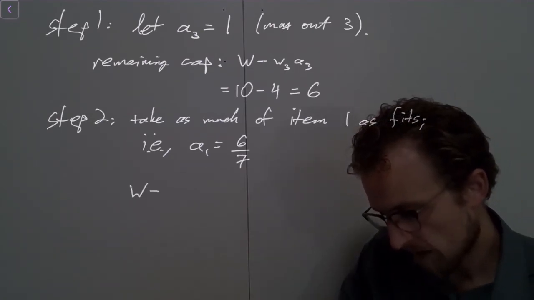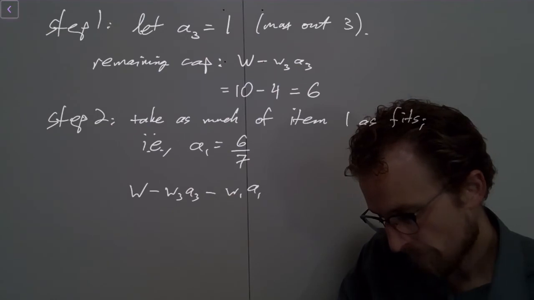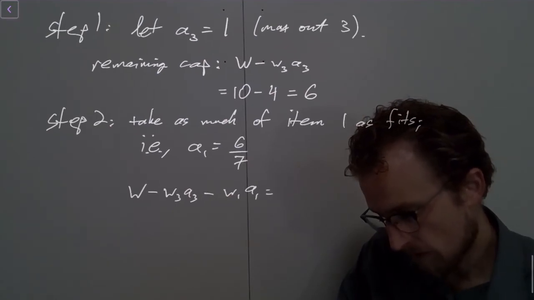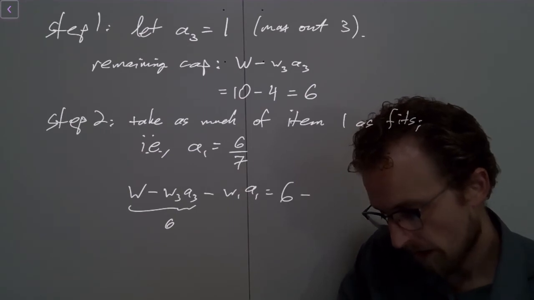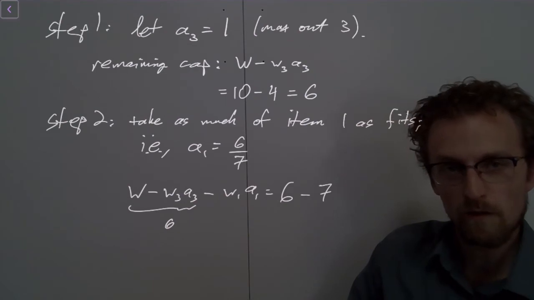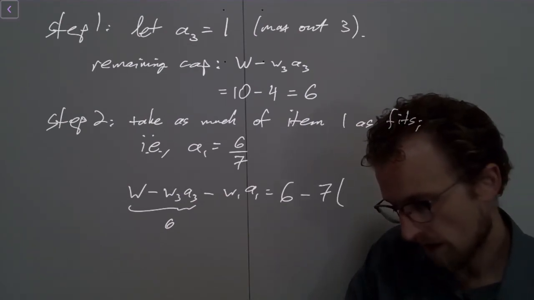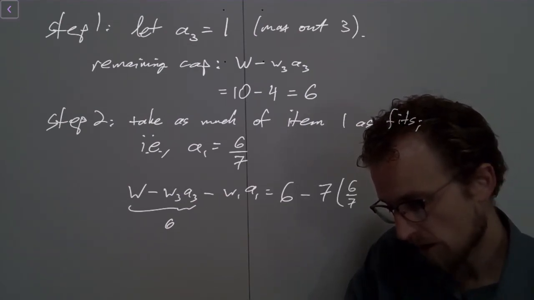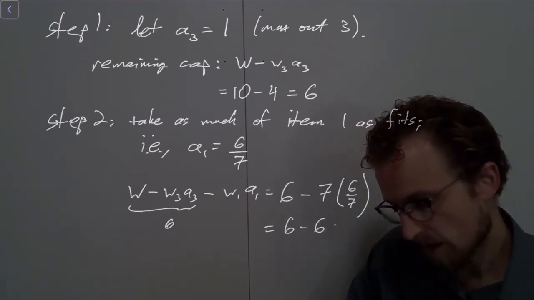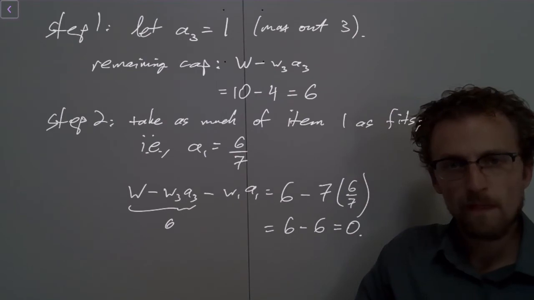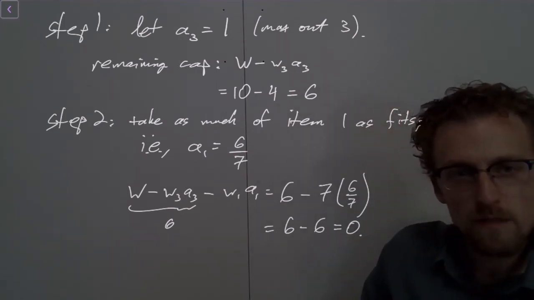So our total capacity was W minus W3A3, now minus W1A1. And this piece here, we already know is 6. We computed that above. So this is 6 minus W1 is 7. The total amount of item 1 is 7 times 6/7, which is the fraction of item 1 that we're taking. And this clearly equals 6 minus 6, which is 0. Okay. So we've just maximized the amount of stuff we could take.